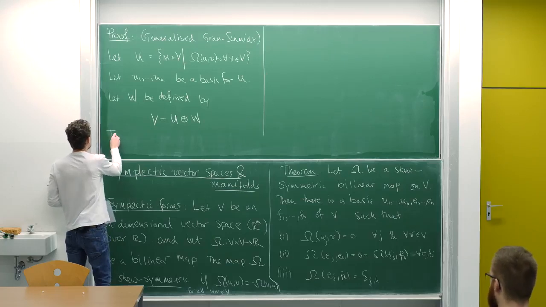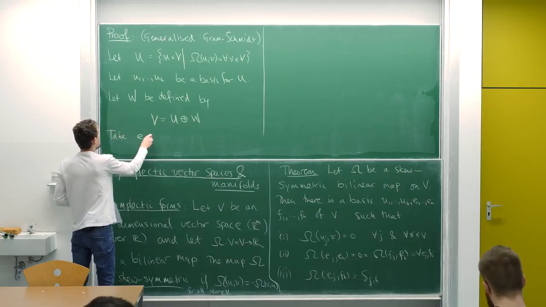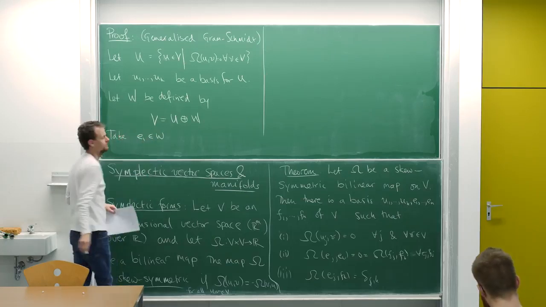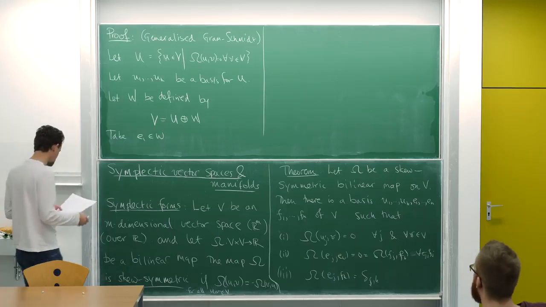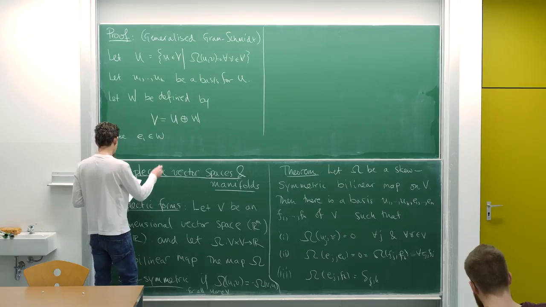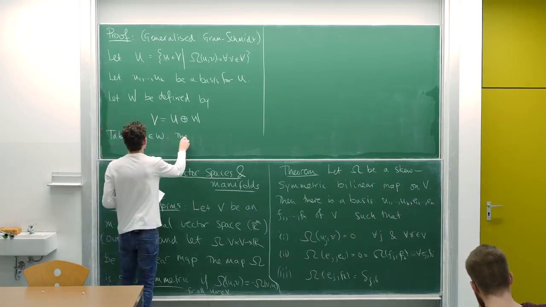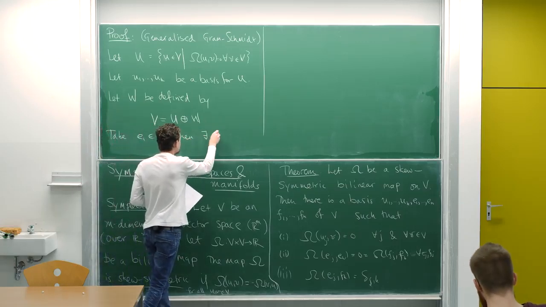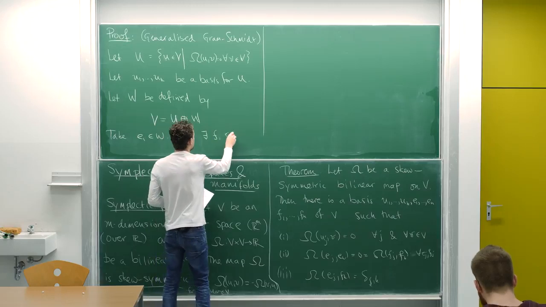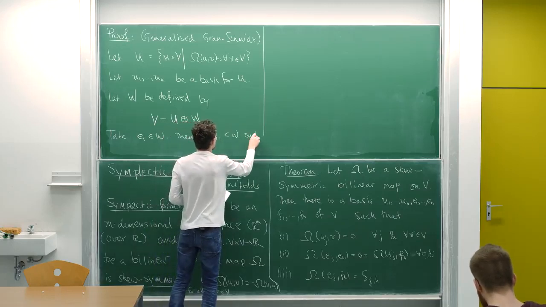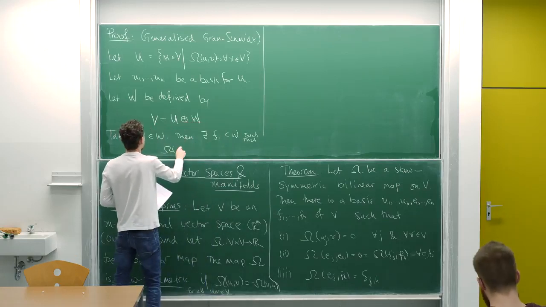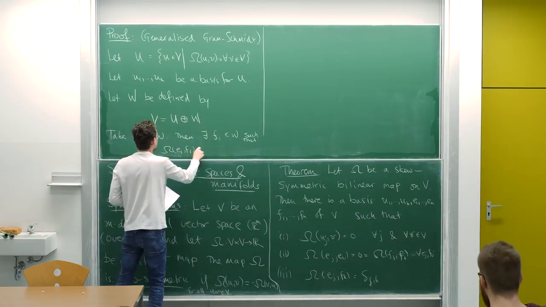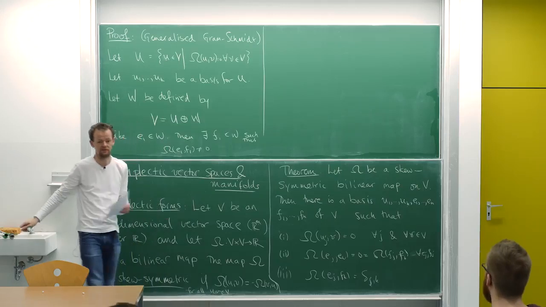So just take some vector in W. Just pick one. Call it E1. Then there definitely exists an F1 in W such that omega of E1, F1 is not equal to 0. Definitely exists.